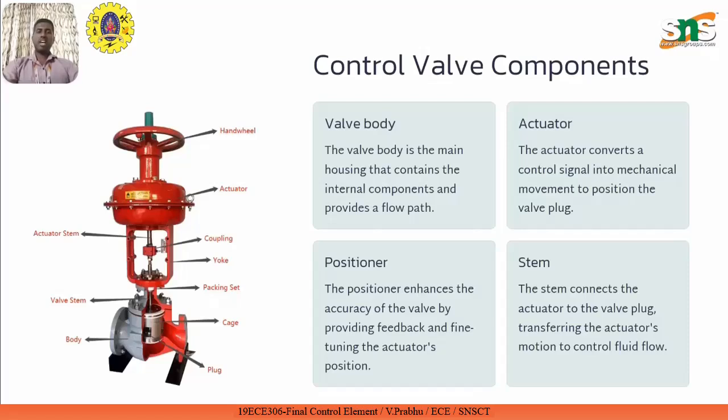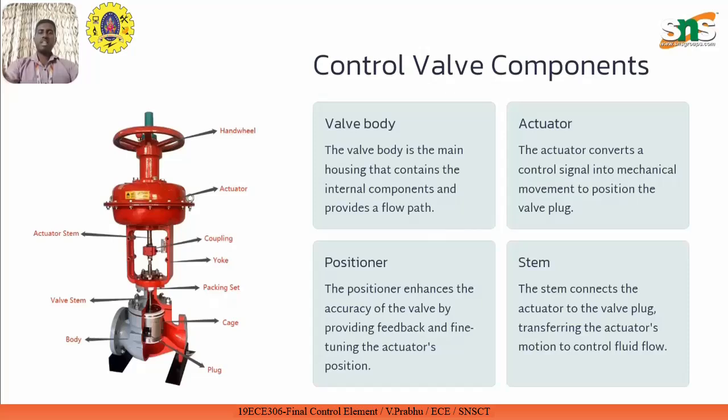This actuator has a diaphragm, mostly attached to a spring. The spring will maintain the valve in a fixed position. Once we apply the pneumatic pressure, the diaphragm is going to move up or down based upon the direction in which the pneumatic supply is provided. If the pneumatic supply is provided at the top, the diaphragm will push the valve down.